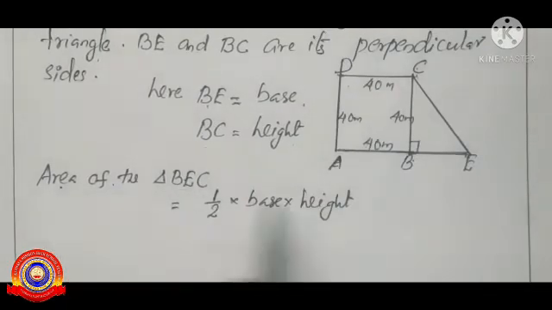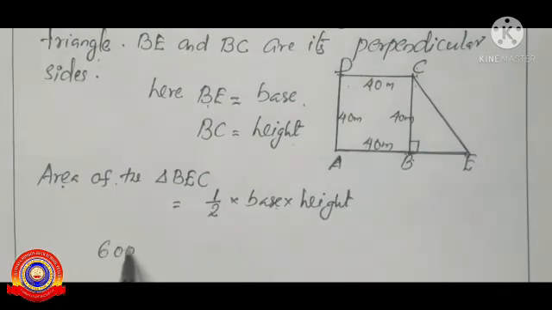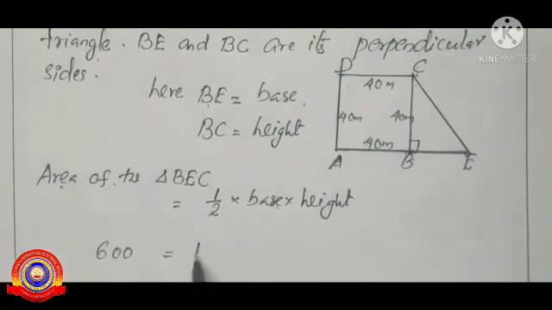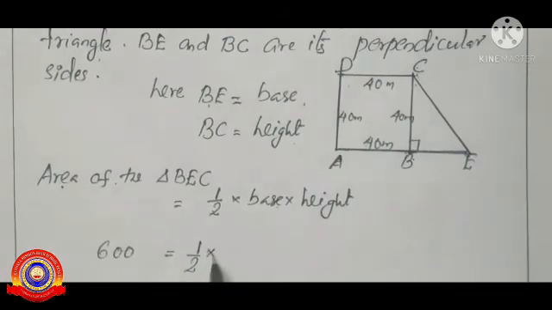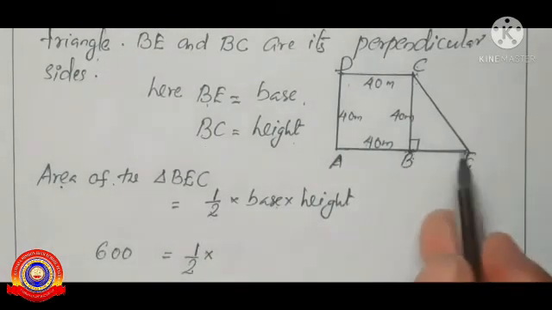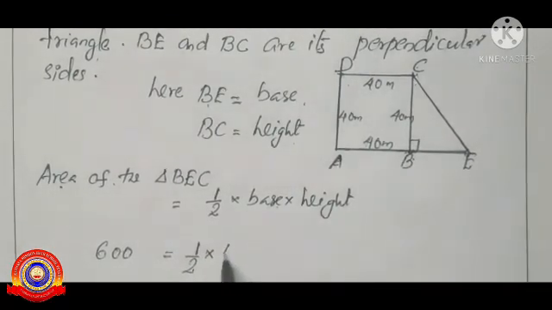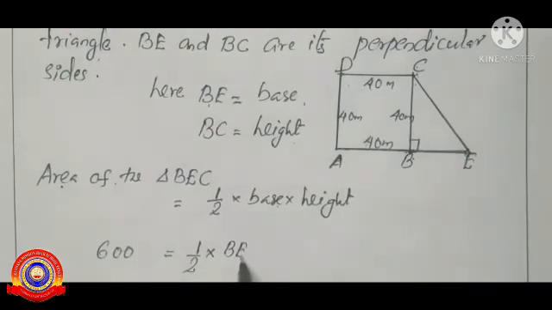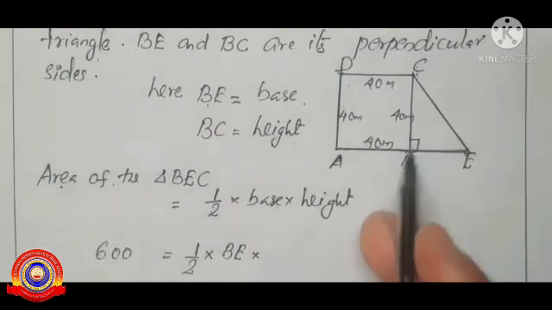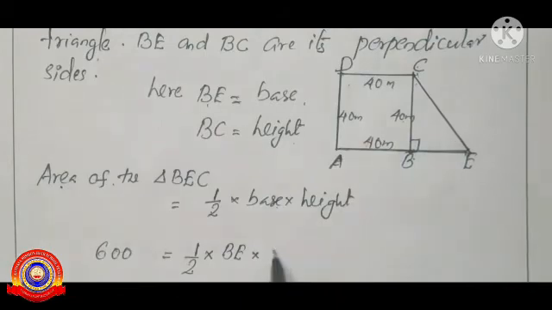So, area of triangle BEC is equal to half into base into height. We know that area of triangle BEC is 600 square meter. So 600 is equal to half into base into height. That is half into BE into 40. Because height is equal to 40 meter.